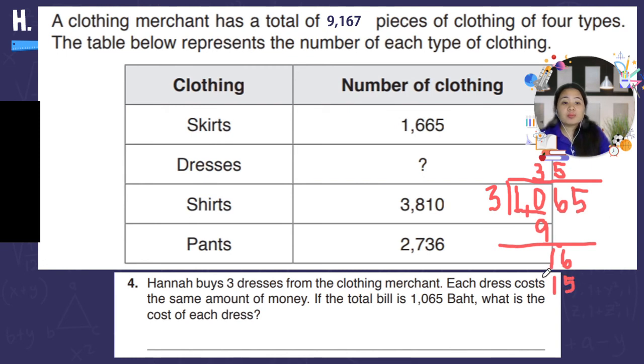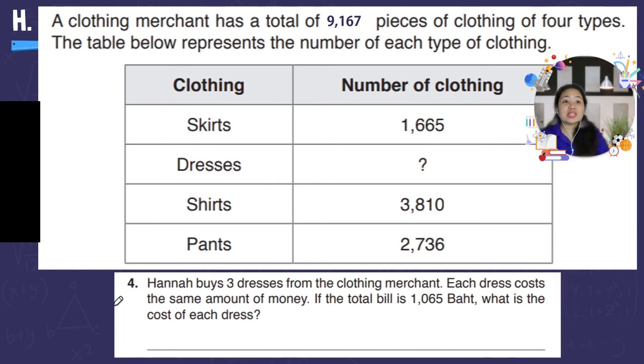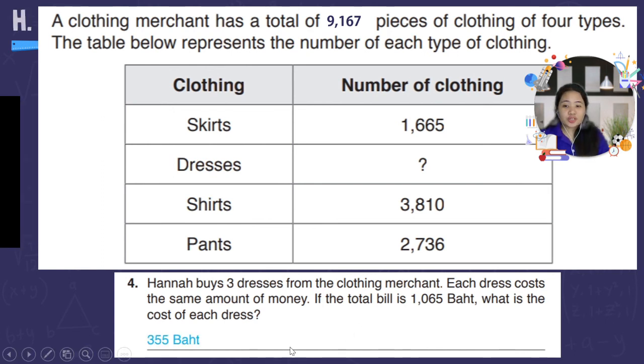So 16 minus 15 is 1. Bring down 5. 15 divided by 3 is 5. 5 times 3 is 15, so 15 minus 15 is 0. So the answer for number 4 is 355 baht. So number 4, divide.